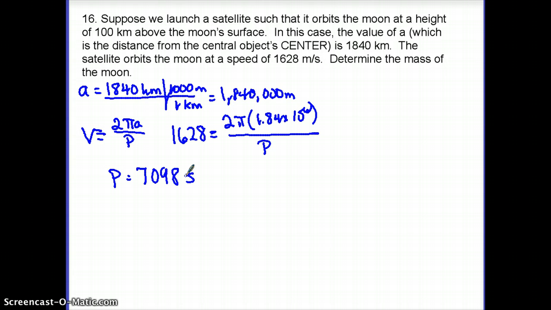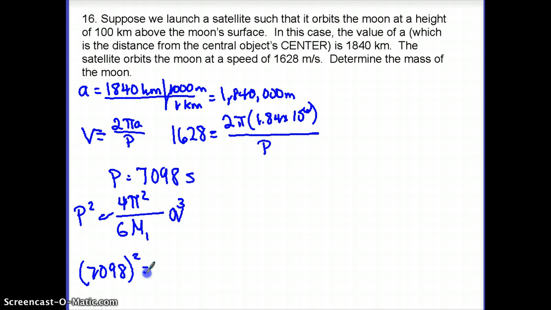And now I'm in a position to use Kepler's third law, because now I know P. I'm going to ignore the mass of the satellite because the satellite is very small compared to the Moon. So I can say that 7,098 squared is equal to 4 pi squared over G times the mass of the Moon times 1.84 times 10 to the 6th cubed.